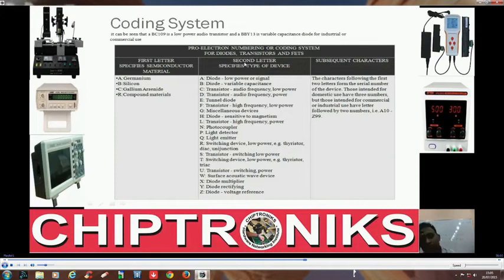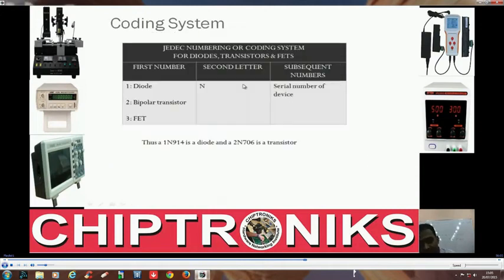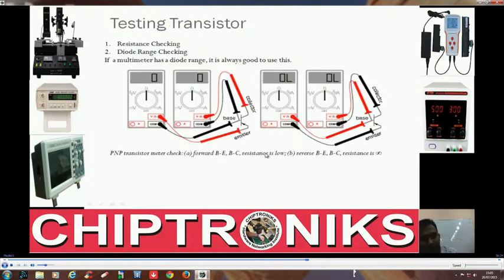So BBY13 is a variable capacitance diode. And this is the other numbering system, where the first number represents the type of device. So 1N914, 1 is diode, so this represents a diode, and in 2N706, 2 represents a bipolar transistor. So 2 represents a transistor. All right.